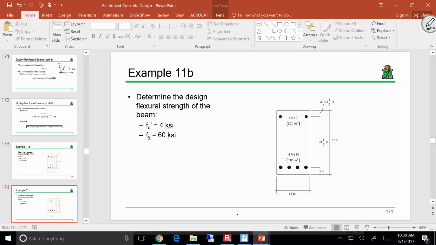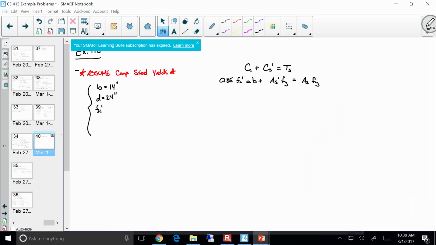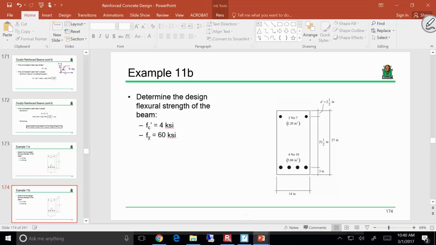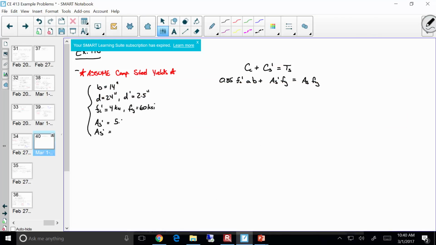That's a good question. All right. A S and A S prime. So A S is 5.06 and A S prime is 1.20.